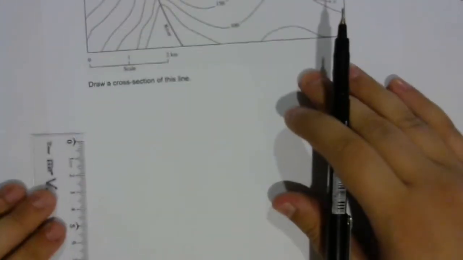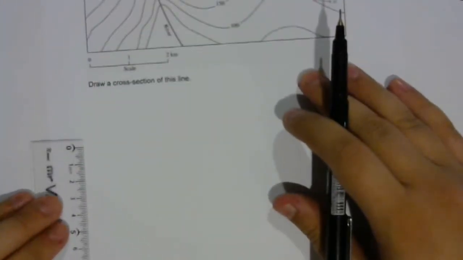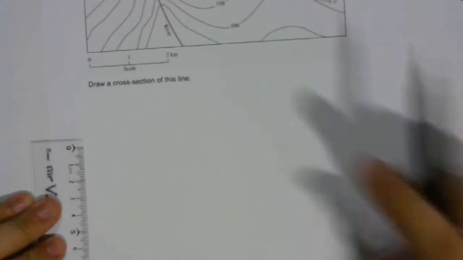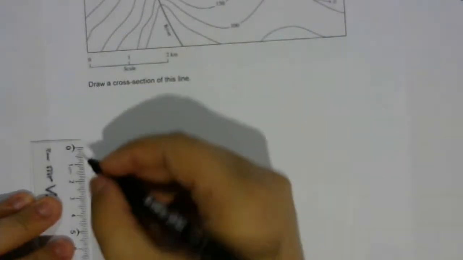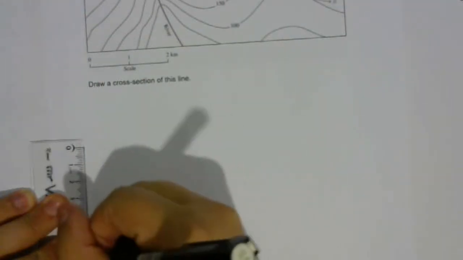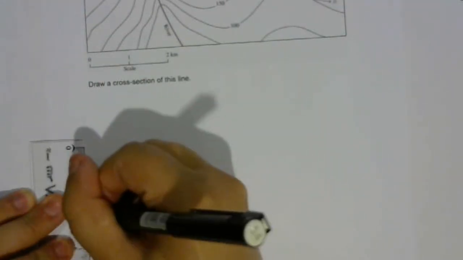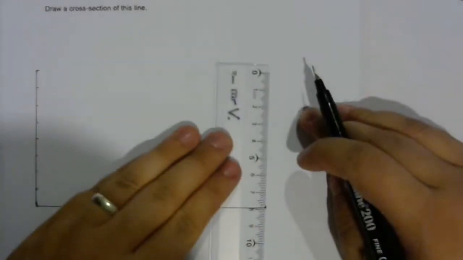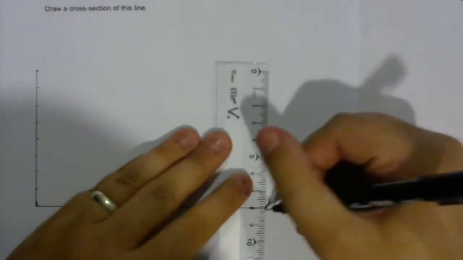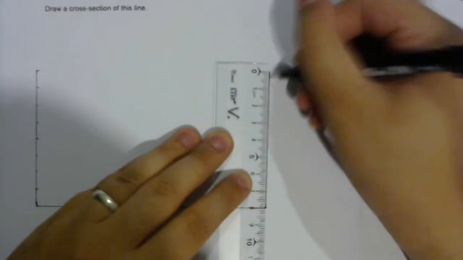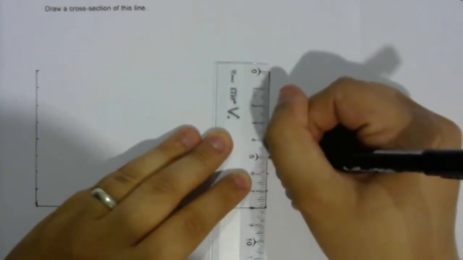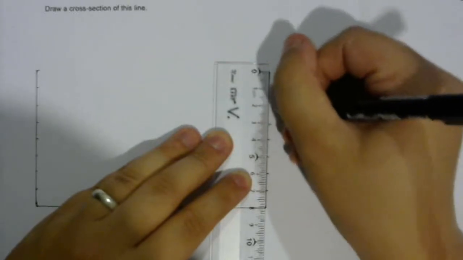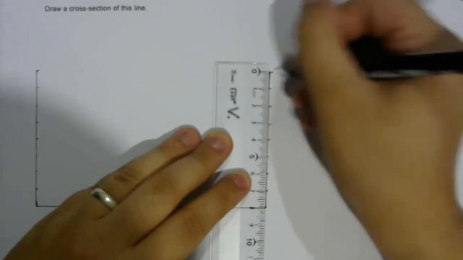So I am thinking if I use 8 centimeters, I can make each centimeter worth 50 meters, and we can use that to draw our axis. 1, 2, 3, 4, 5, 6, 7, 8. And it is very important that we do this to both sides. So I'm going to do the same thing on the other side. I'm going to draw my vertical axis, and I'm going to label that from 50, 100, 150, 200, 250, 300, 350, 400.